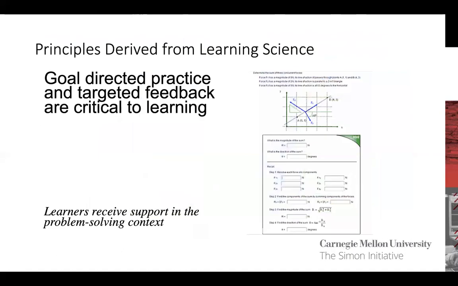Baked into the system are principles that we're able to derive from learning science. And I think that if I were to boil all of the different affordances of the OLI platform down to one that was the most important, it's this notion that goal-directed practice and targeted feedback are some of the most important things we can do for learning.